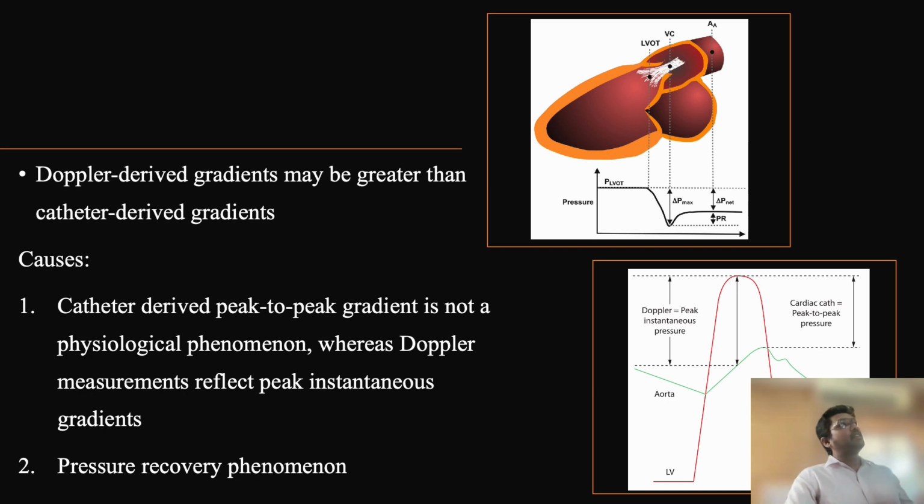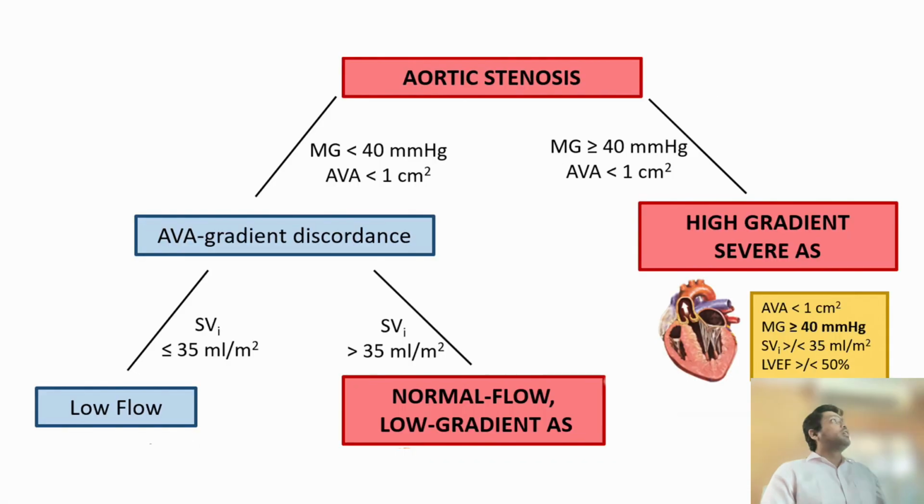When we take the catheter outside, some amount of kinetic energy is reconverted to potential energy, but not all. So this amount of pressure recovery is not calculated. This is the net pressure gradient measured in the catheter based study, whereas this is the original gradient measured by echocardiography. So the echocardiographic gradient is better than the catheter derived gradient.